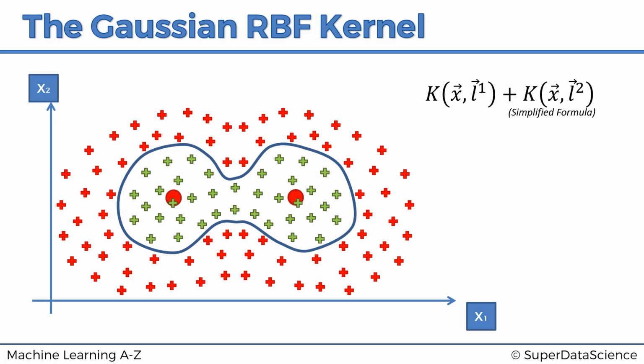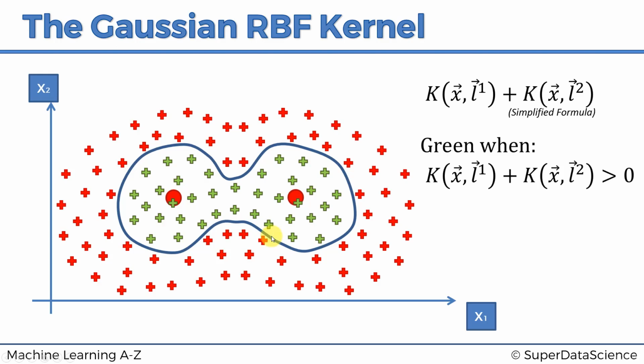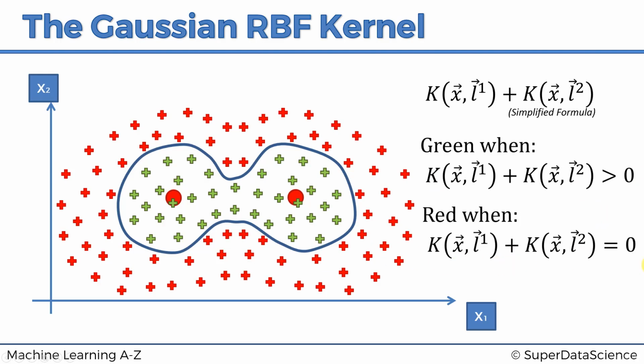The formula here would be: the point is assigned to the green class when this equation is greater than 0, and to the red class when this equation is equal to 0. Again, this is a very simplified example. In reality, it's a bit different: it's greater or equal to 0, or less than 0, because we have the coefficients, and there is more complex mathematics behind it, but we don't really need to go into those depths.